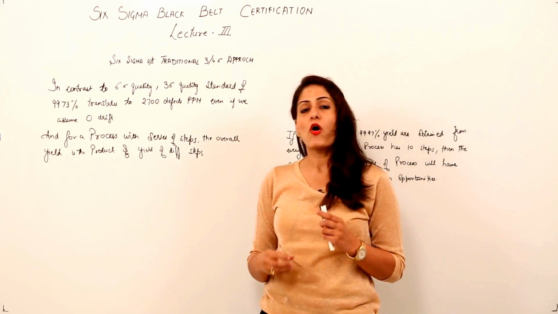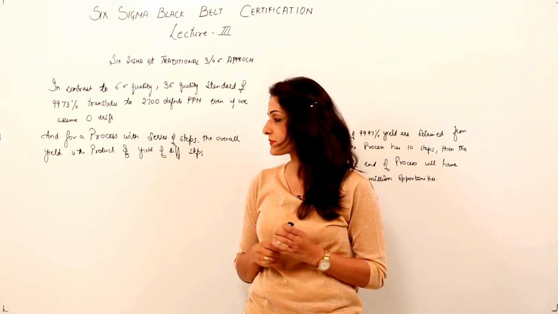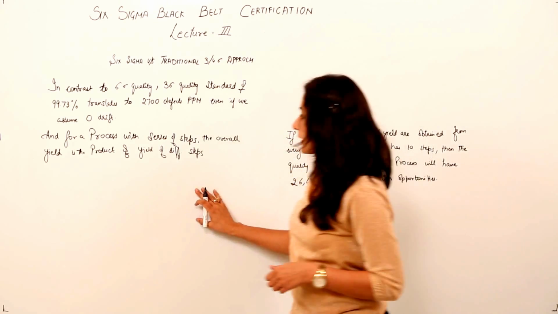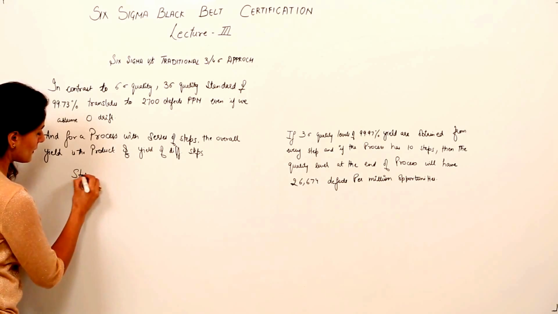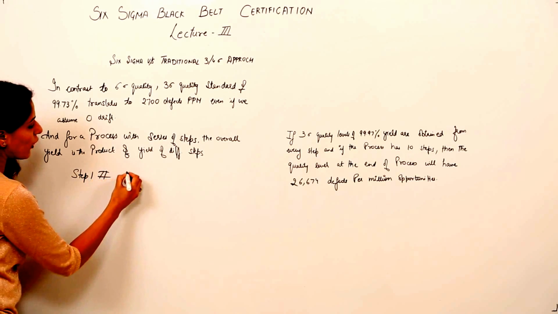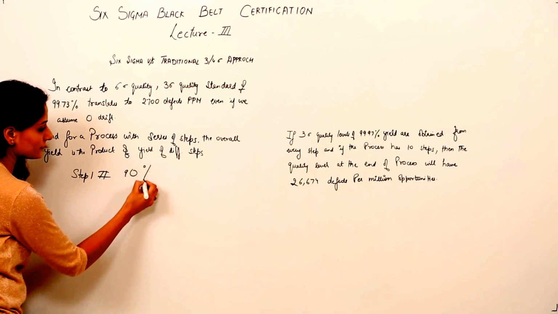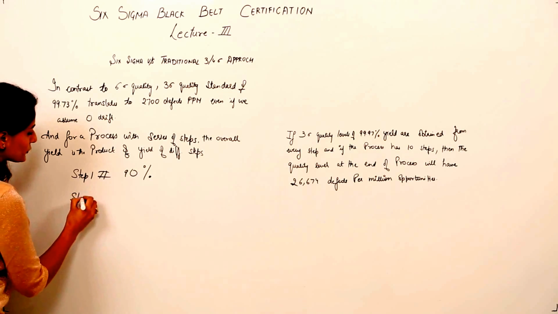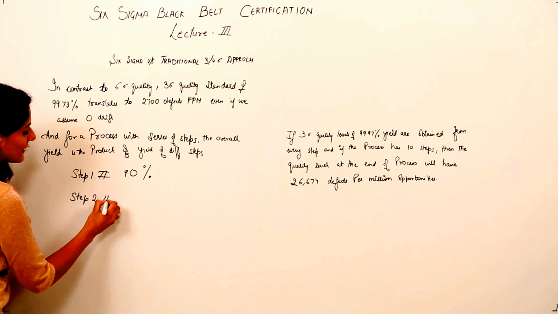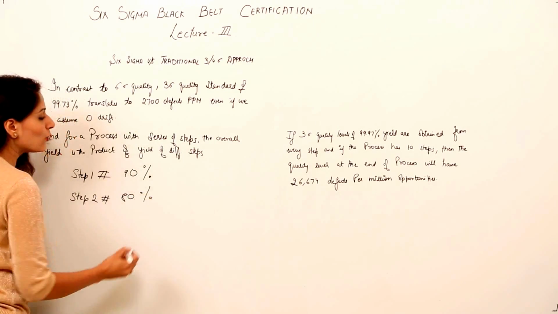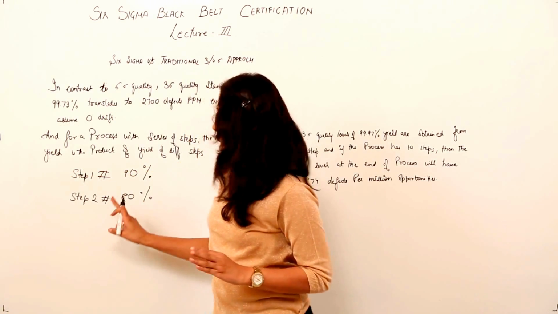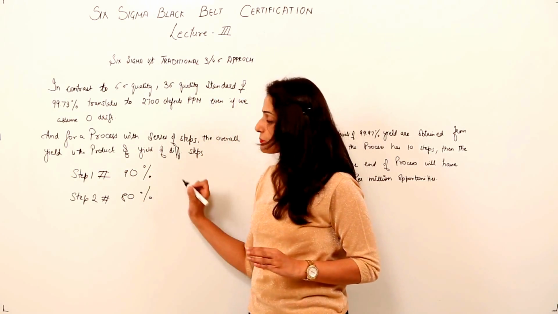Consider a process that has 2 steps. Step 1 has a yield of 90% and step 2 has a yield of 80%. Now, what will be the overall yield of this process?